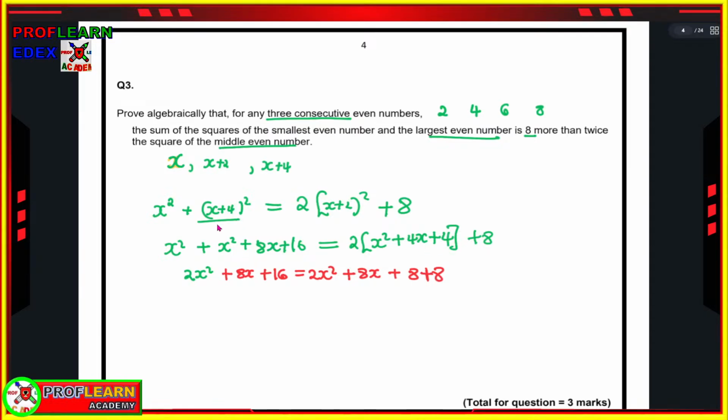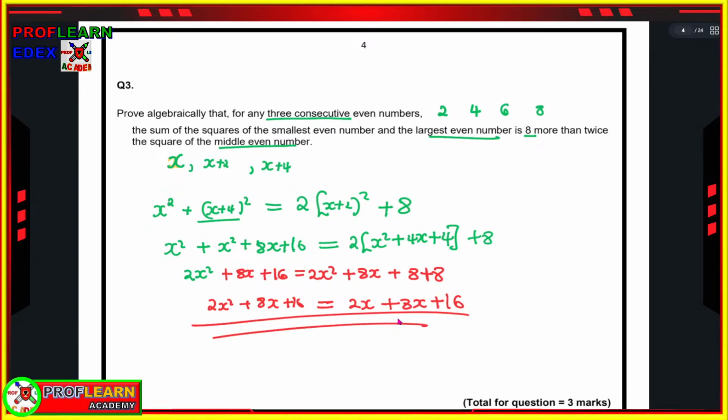If you put the like terms together here, you can see it's 2x squared plus 8x plus 16 is equal to 2x squared plus 8x plus 16, and we can see the two are equal. So we have proven algebraically that the two are okay.